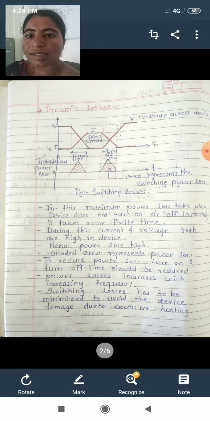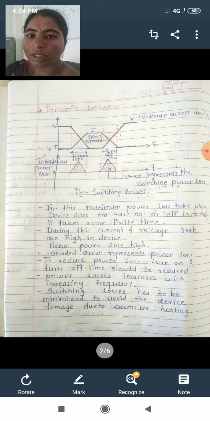When the SCR gets turned on, that is when the SCR is in transition state, at that time your voltage gets reduced and current starts increasing. And when your SCR is totally in on state, at that time current is high and your voltage is very low.